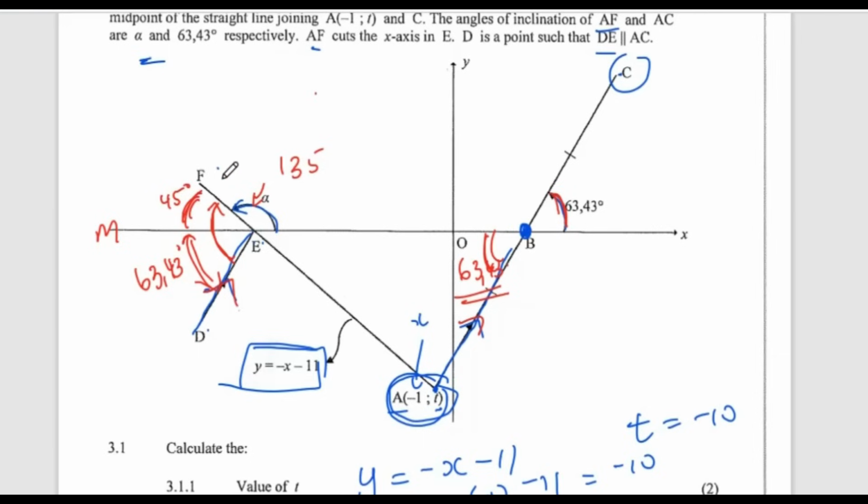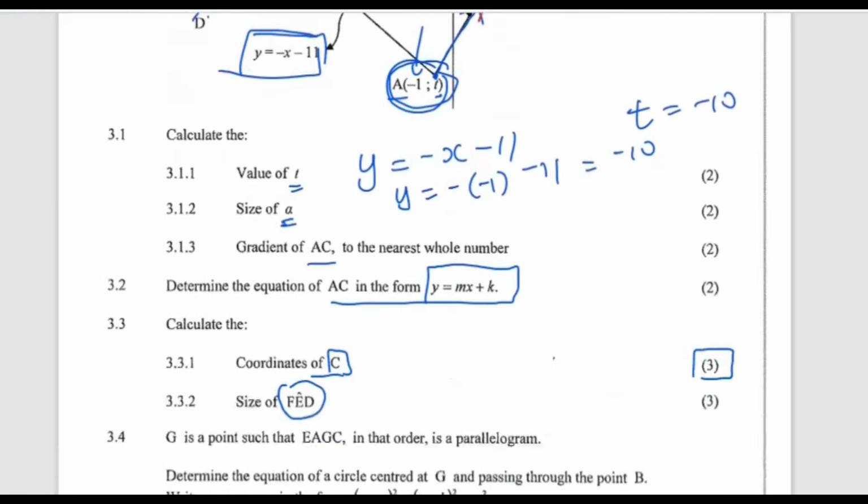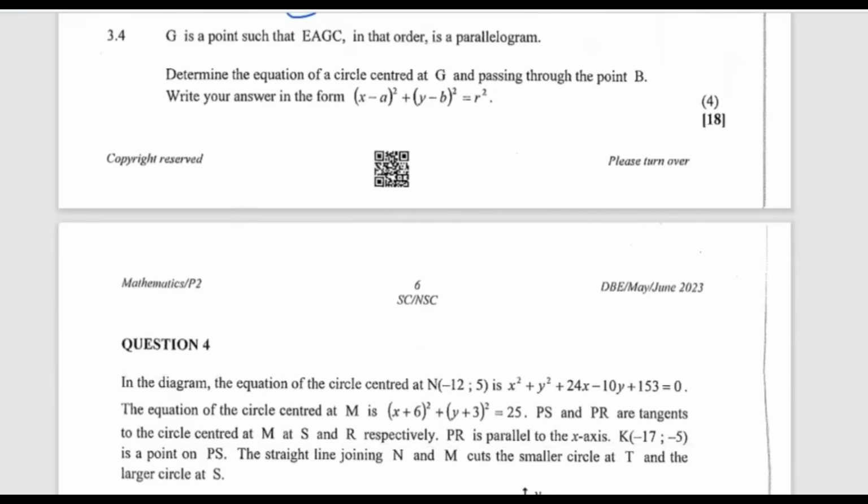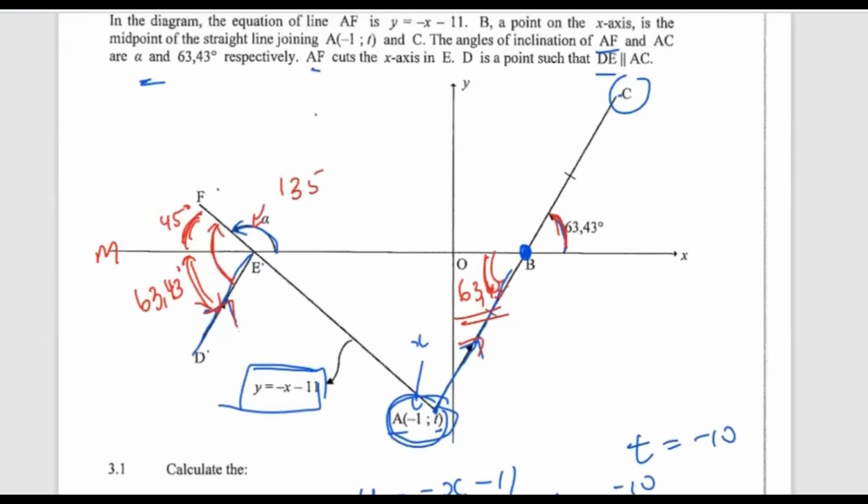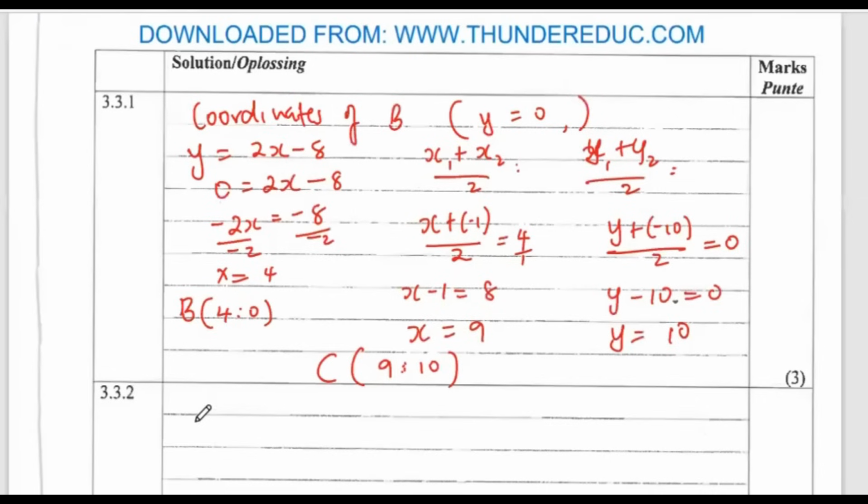And then I can add the two. So I'm going to say MED. Or if not, I can start with OBA. I'll start by saying that OBA is 45 degrees because those are vertically opposite angles.